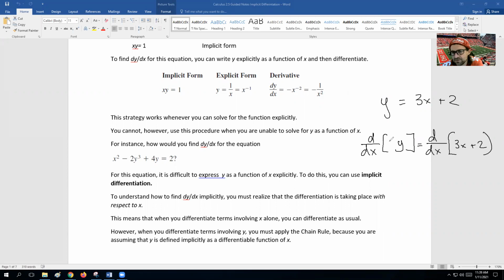So d/dx of y gives us dy/dx, which we've learned to call y prime, the derivative. On the other side, we'd get 3, because the derivative of 3x is 3 and the derivative of 2 goes away.